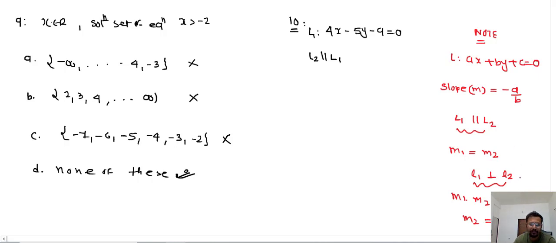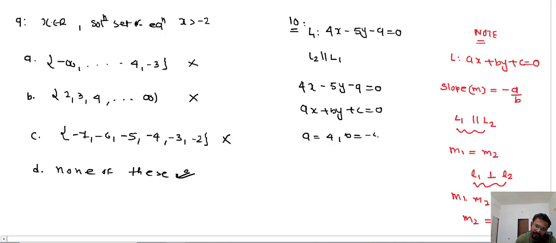In our case, the lines are parallel to each other, so it is simple to find the slope. First, compare this with the standard form ax plus by. So a is equal to 4 and b equal to minus 5. The slope of that line, m1, is equal to minus a by b, which is 4 by 5.